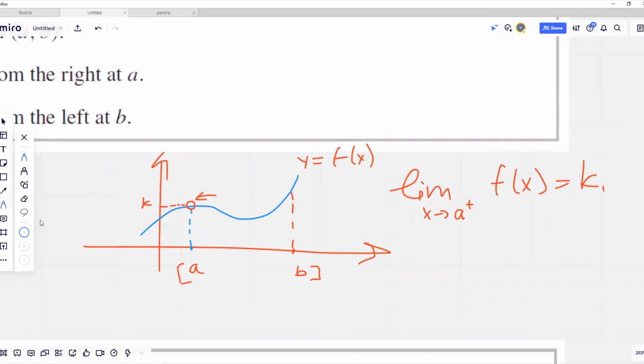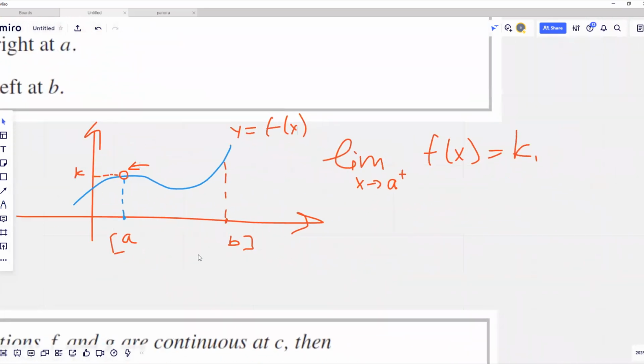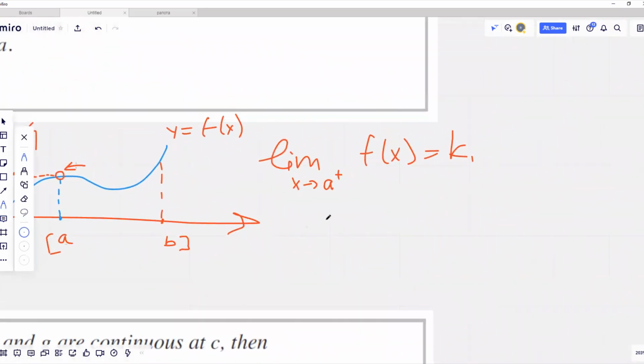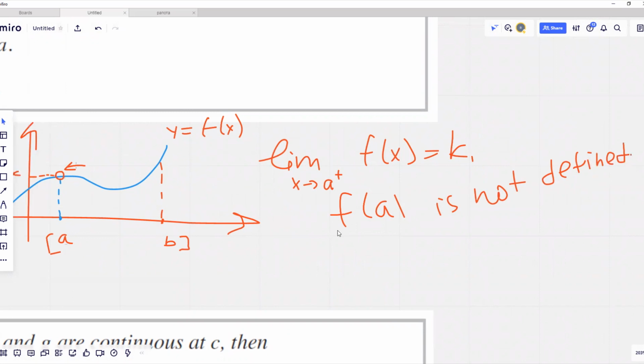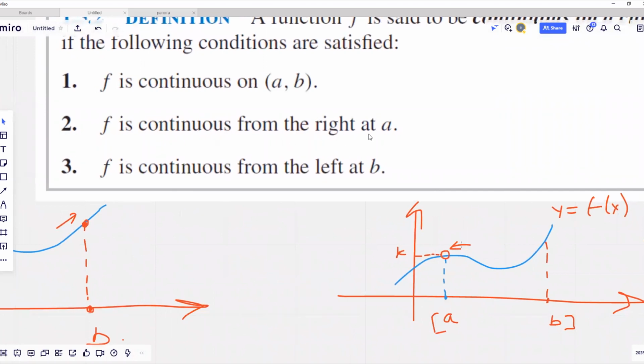However, in that case, the value of function at the left endpoint is not defined. f of a is not defined, meaning that our function is not continuous when we are approaching the left endpoint from the right.